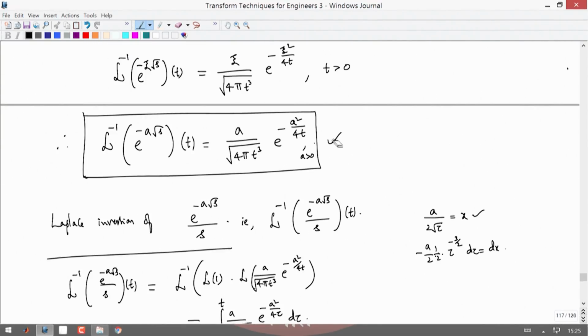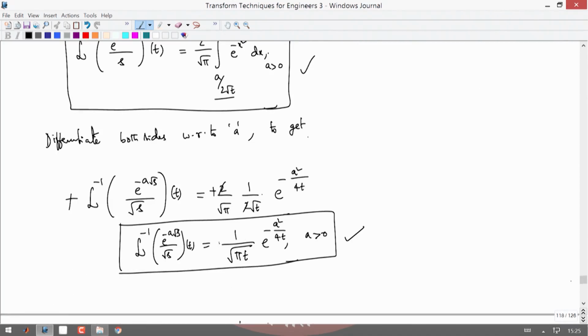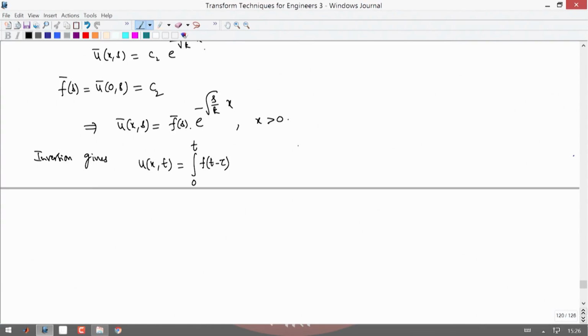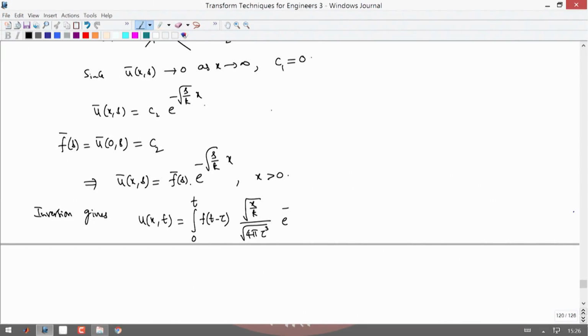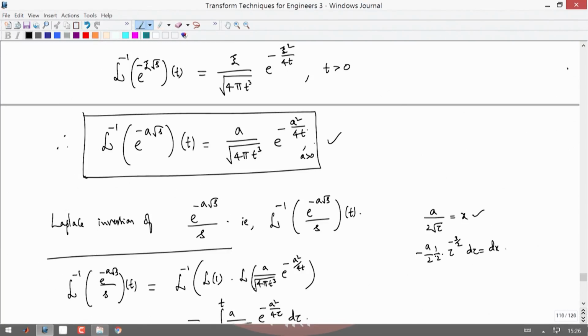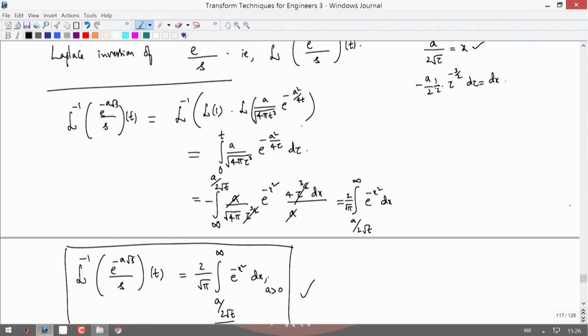It is a by square root of 4 pi t cube times exponential of minus a square by 4t.